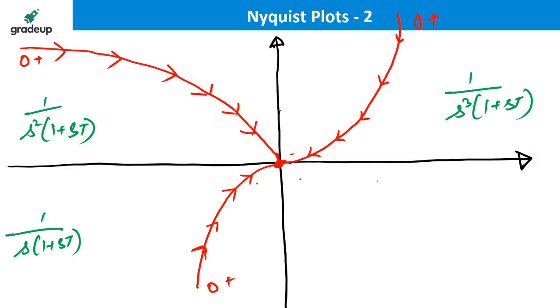And the last one, what will happen? One more open loop pole at origin. So this will be shifted. The infinity plus point will be along negative y-axis. It will go like this. This will be 0 plus again.